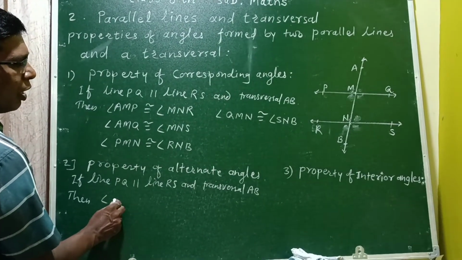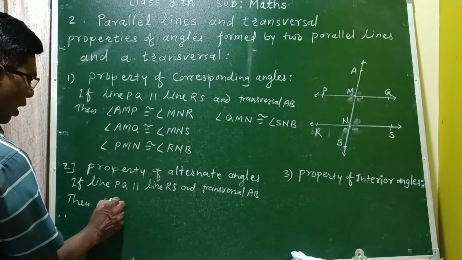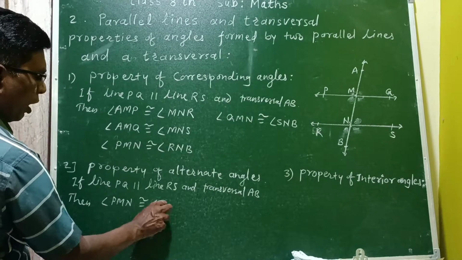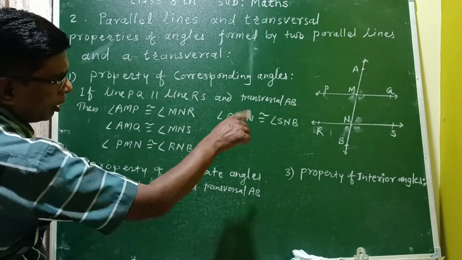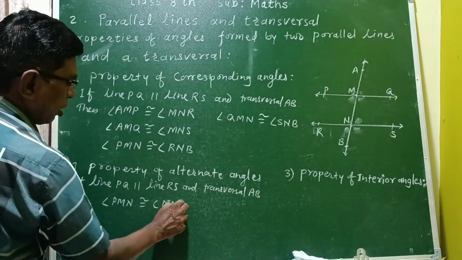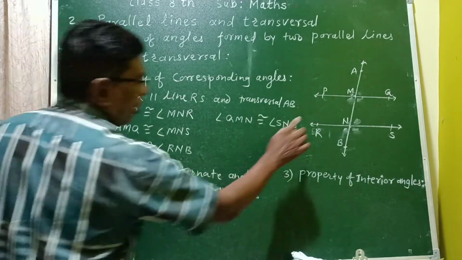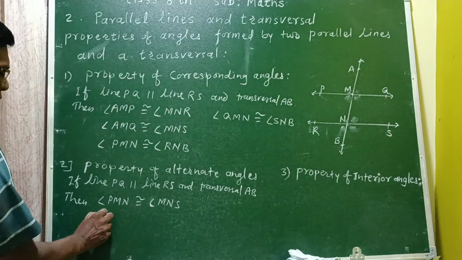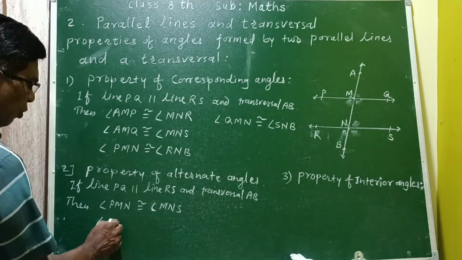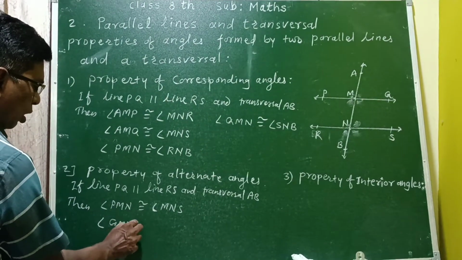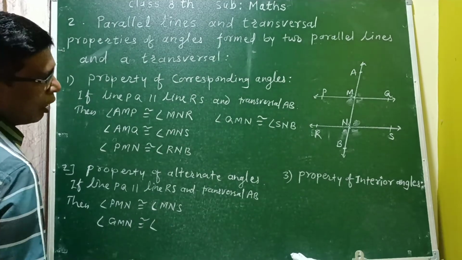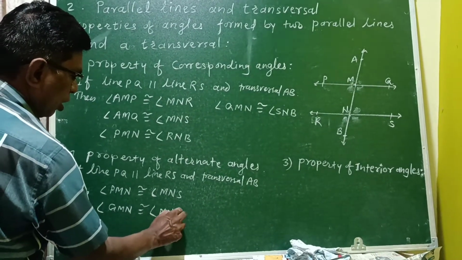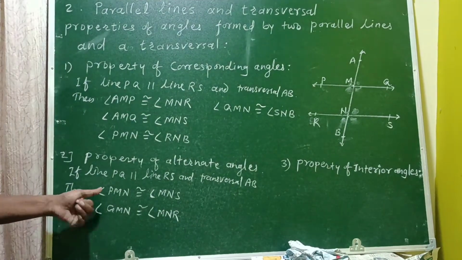Alternate interior angle PMN is congruent to angle MNS. Angle PMN is congruent to angle MNS. Now second, angle QMN is congruent to angle MNR. This is the interior alternate angle.